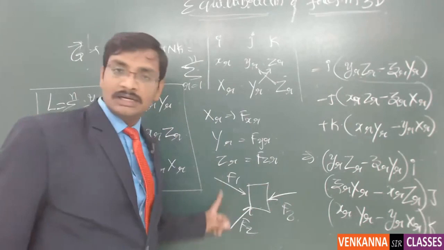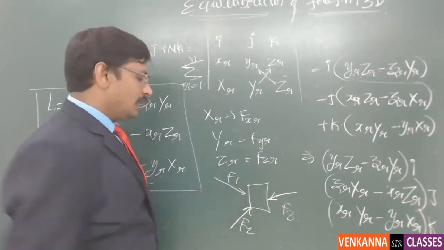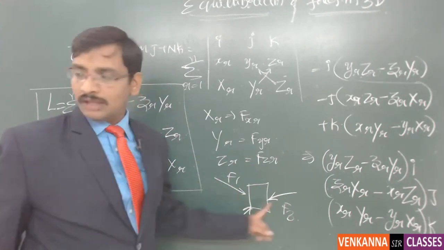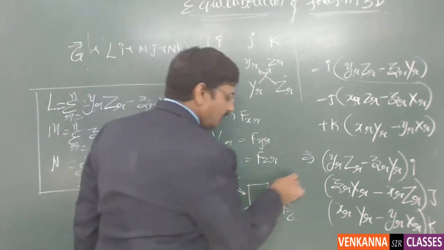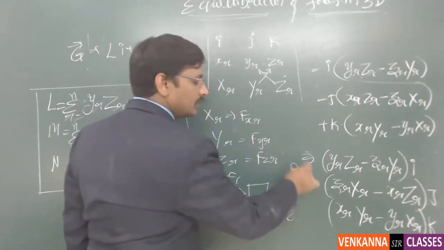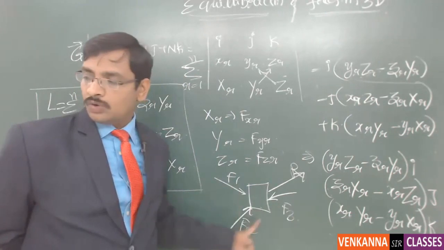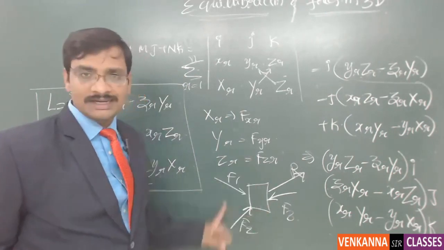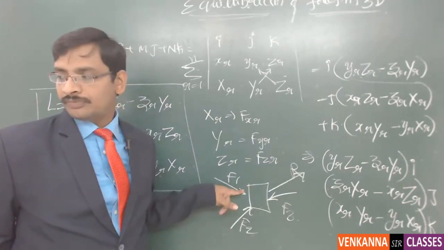Depending upon the resultant of all the forces together, the block will try to assume one direction. Let us say these two forces are more than this force, and this force is more than this one, then definitely it will try to move in this direction, which is the resultant direction. If you notice, each force has its own direction, but the resultant has a single direction, which is the resultant of all.